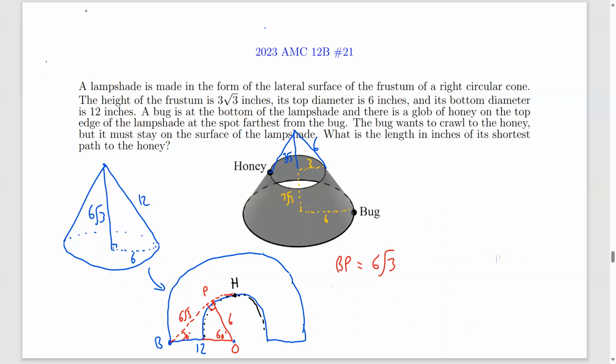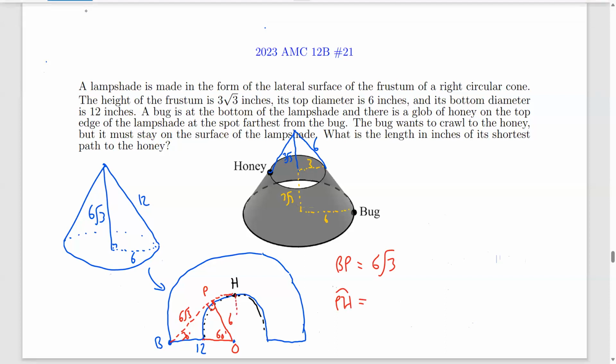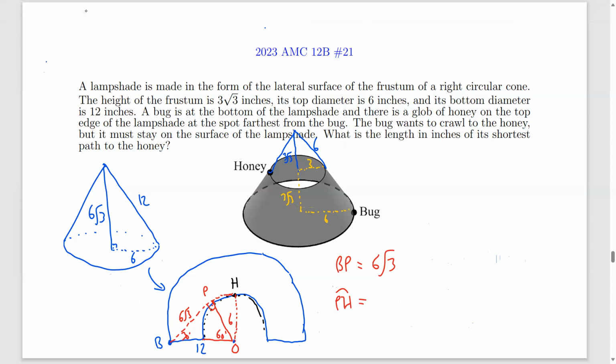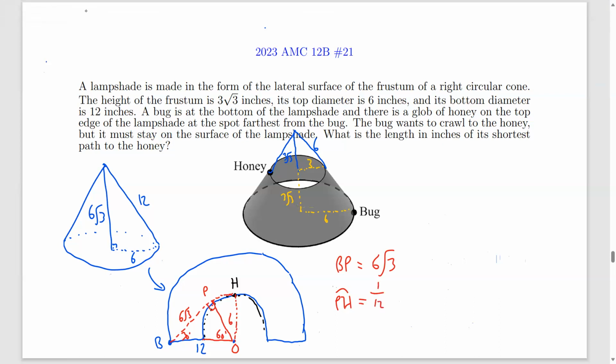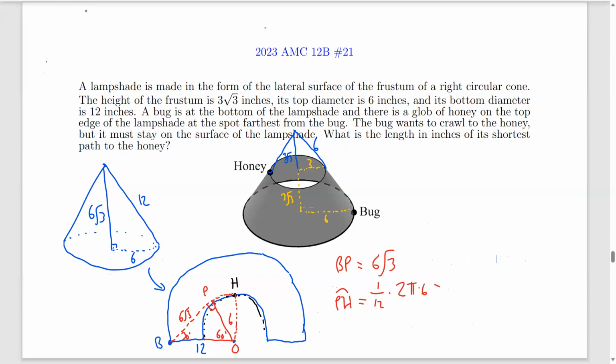Next, in order to find the length of arc PH, we can note that angle POH is 30 degrees. So the length of arc PH will be 1/12 of the circumference of a circle with radius 6. This is equal to pi inches.